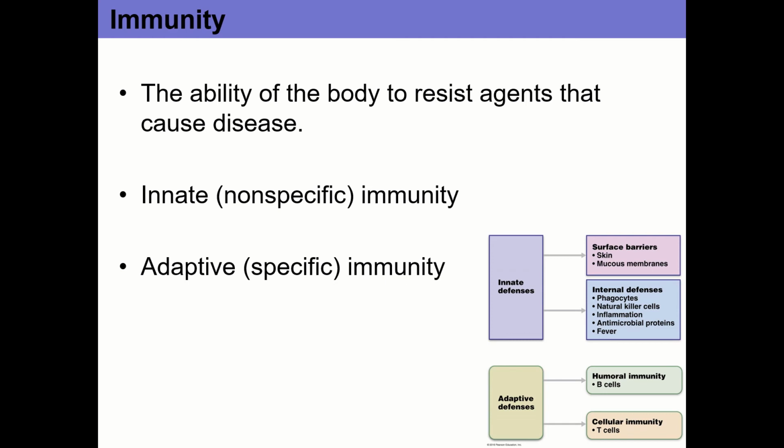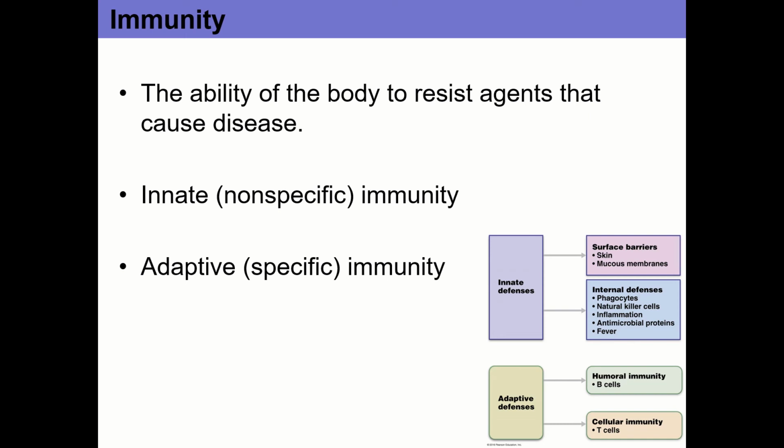But of course, those defenses aren't entirely impermeable, so things do get past that first line of defense. And once they do, we have a second line of defense. Once that bacteria, let's say, has gotten into the bloodstream, we have a second line of defense to attack it.